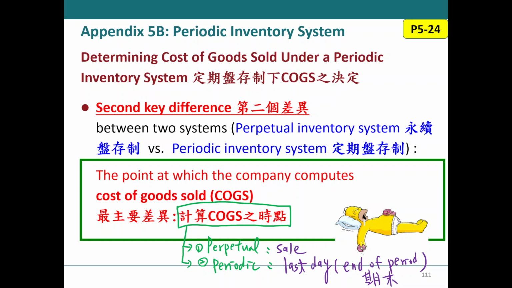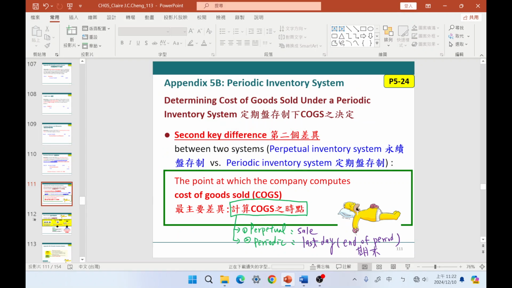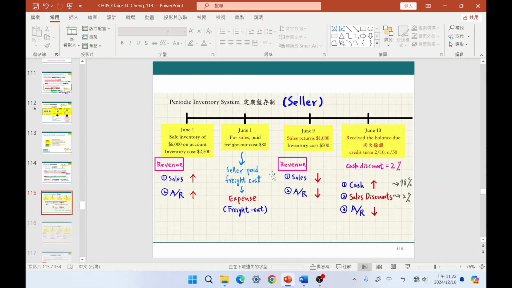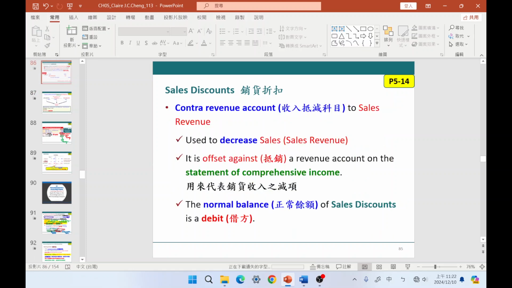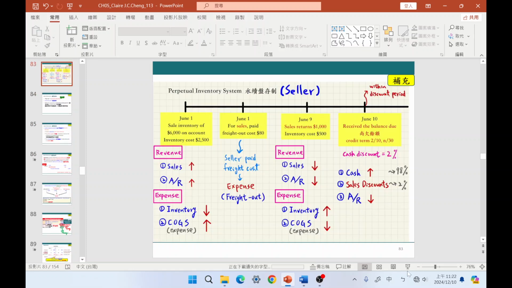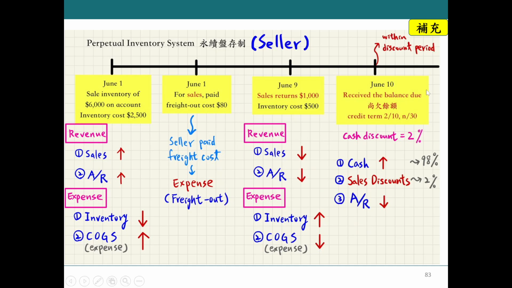No problem. So let's go to perpetual 永续盘存制 first. On your slide page 83. Here is perpetual 永续盘存制, the hard worker. When we sell the product, did you find out we record two things, right?